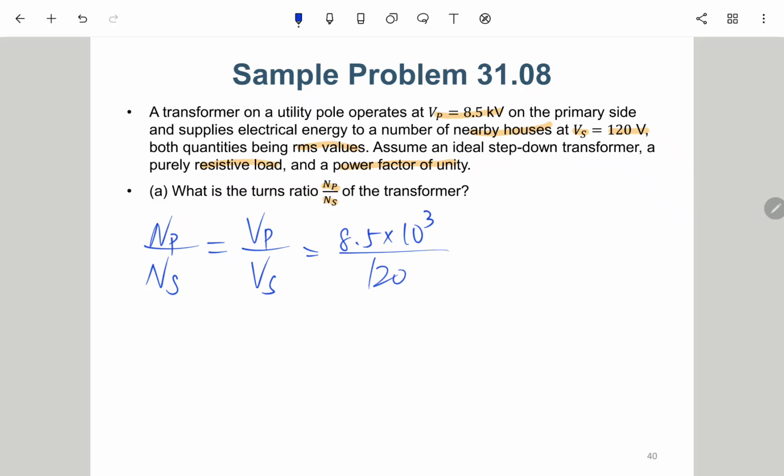So if you multiply 220 by square root of 2, it's around 310. I'm not really sure about the number, so just check by calculator, but the idea is like that. So the turn ratio is 70.8.